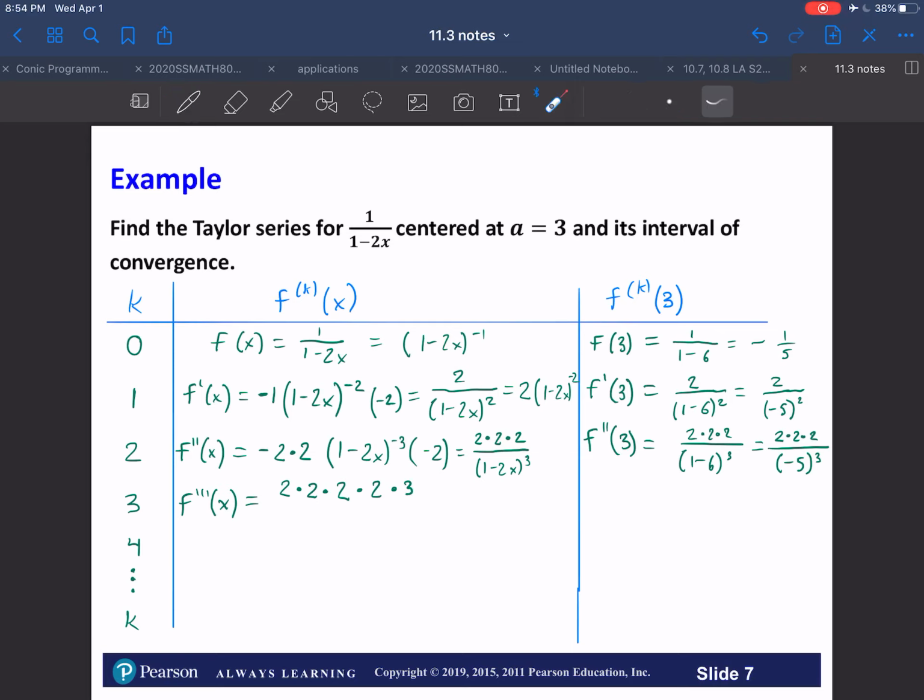This 3 comes from the fact that we'd have to pull this 3 down, divided by 1 minus 2x to the fourth power. And then over here, the third derivative, evaluated at 3, would be, of course, just 2 times 2 times 2 times 2 times 3 divided by negative 5 to the fourth power.